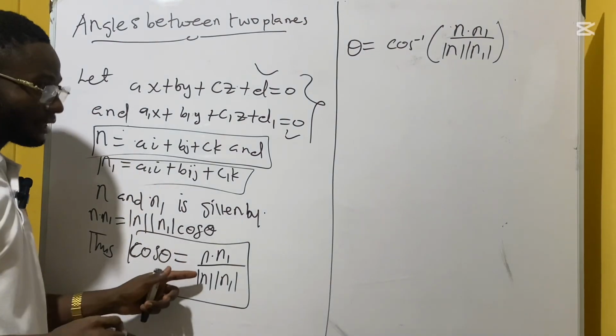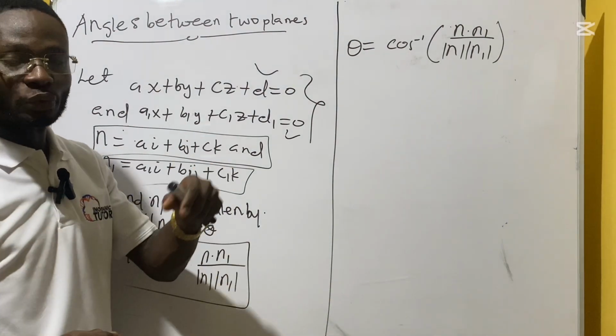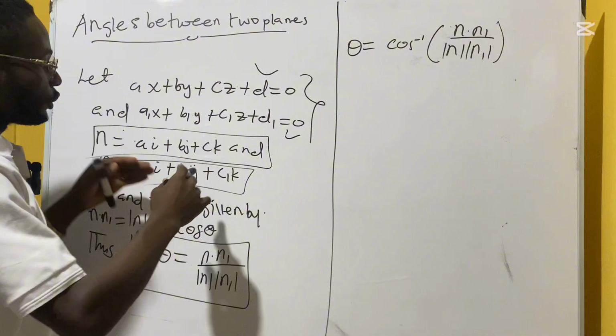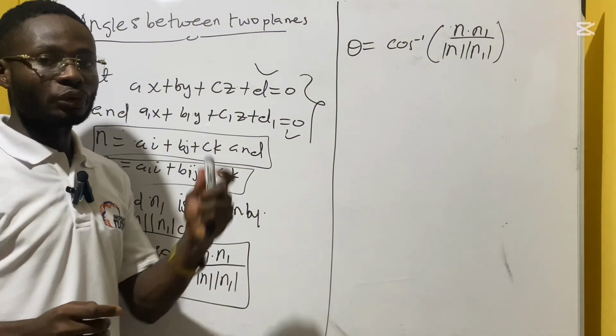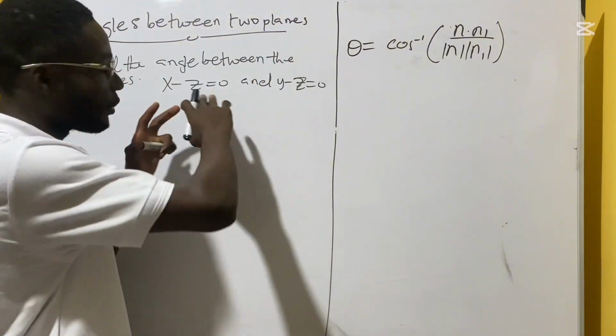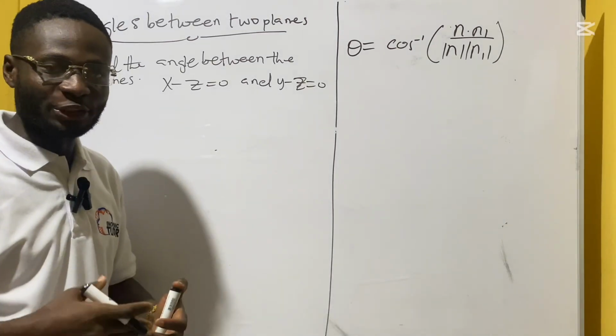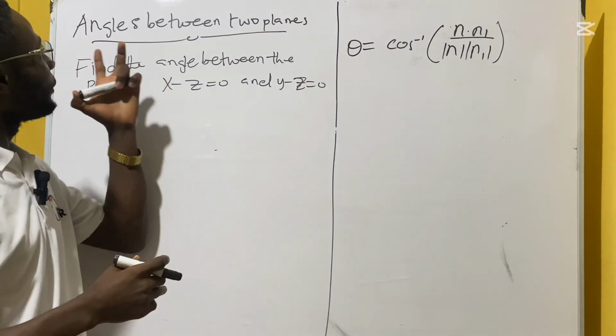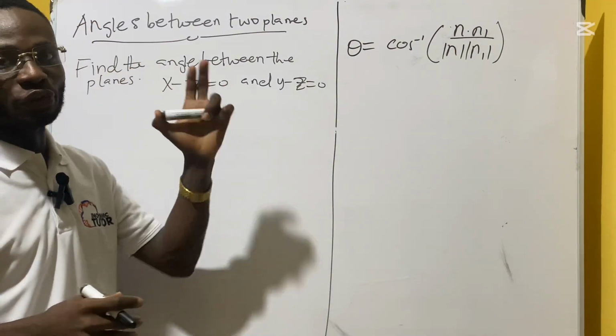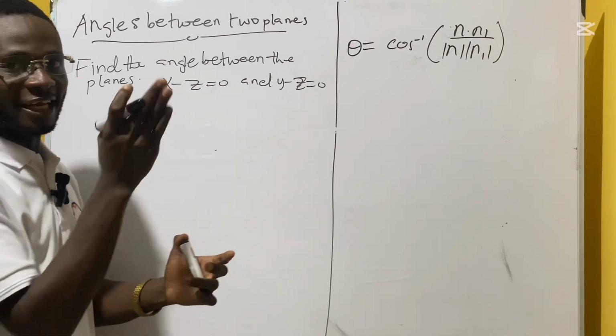That is how you obtain the angle between two planes. We are considering this example to make sure we understand the concept, so let's dive into it.